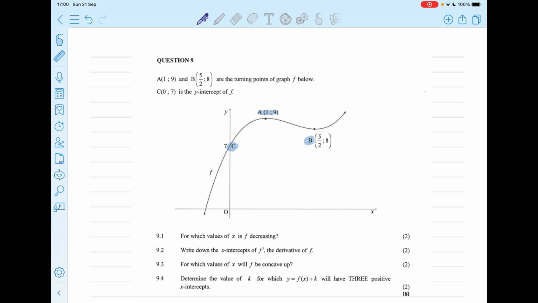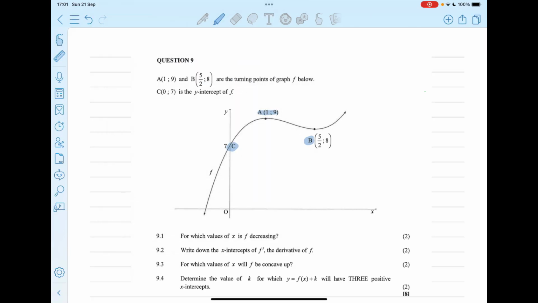Okay, so in 9.1, they asked for which values of x this function is decreasing. So we want to look at the gradient, or we want to look for a trend where as the x values are increasing, or should I say moving towards the right, the y values are decreasing.